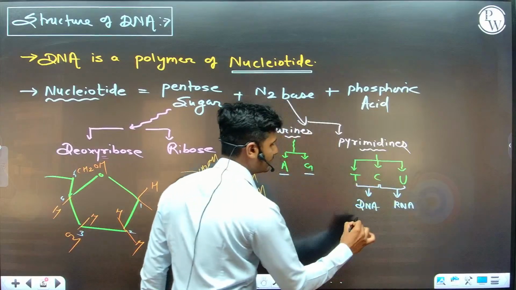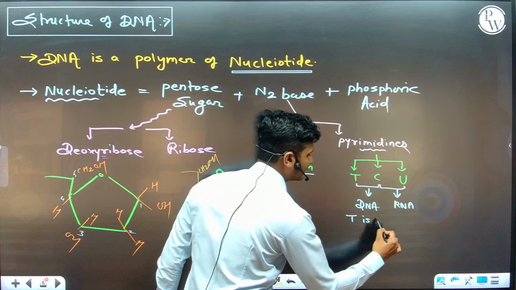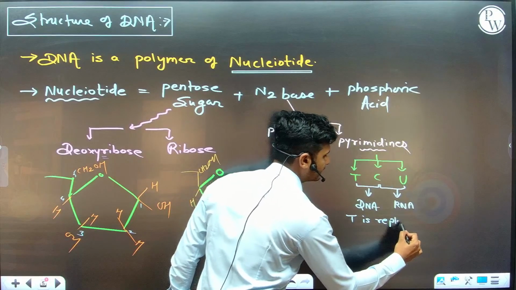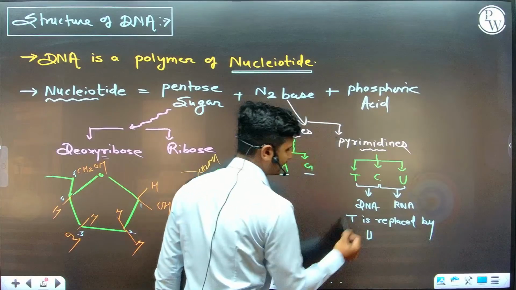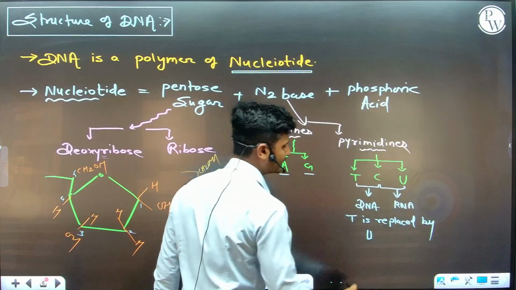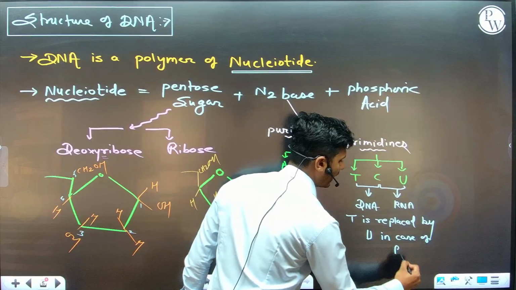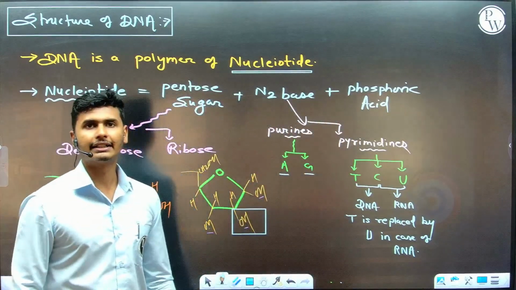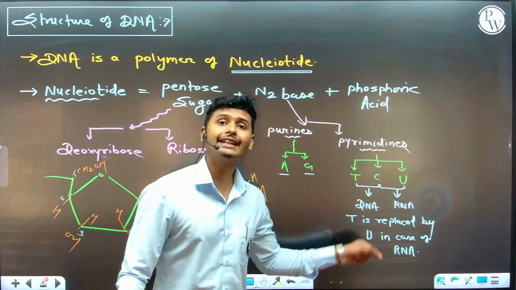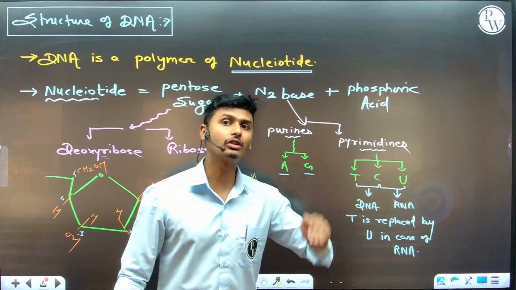So we can say that thymine is replaced by uracil in the case of RNA. 5-methyl-uracil is also known as thymine.